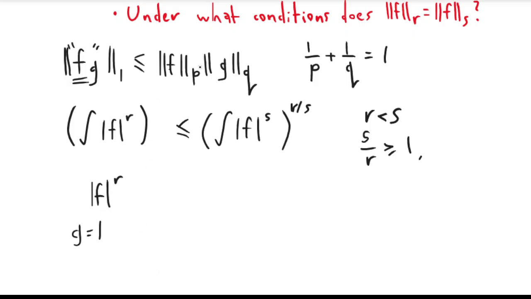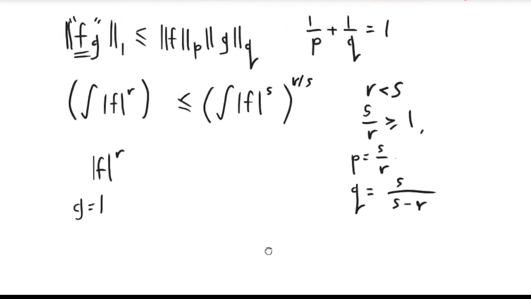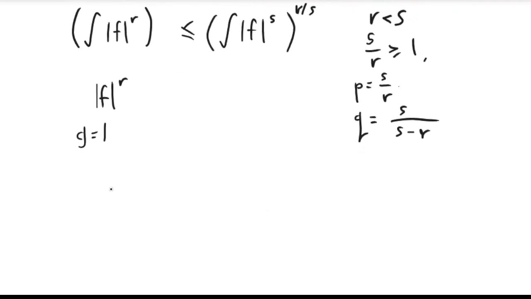For our exponents, we're going to have p be equal to s over r, and q be the Holder conjugate of s over r. It doesn't really matter what that is, but you can verify that it's equal to this.